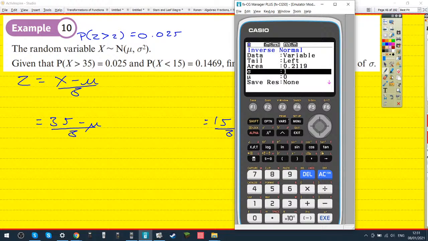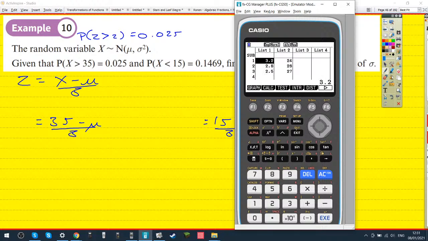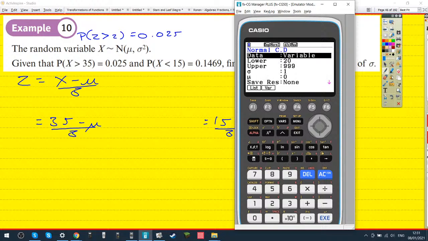So let's hang on. Stats. Let me go back to this one. So normal. If I did normal cumulative, so for this one, x is greater than 35. So the lower is 35, upper is 999. And the problem is I need a standard deviation and a mean that has to give me an answer of 0.025.